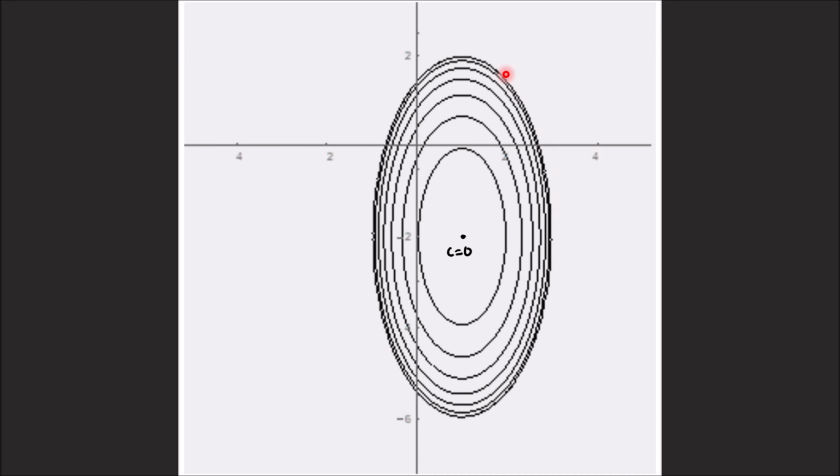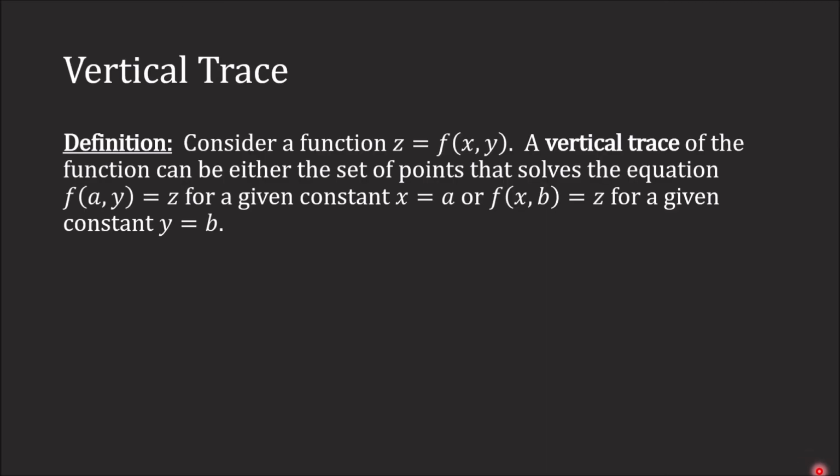Now, there's a second way of describing a graph, and that's to use vertical traces. So consider a function z equals f of x, y. A vertical trace of the function can be either the set of points that solves the equation f of a, y equals z for some given constant x equals a, or f of x, b is equal to z for some given constant y equals b.